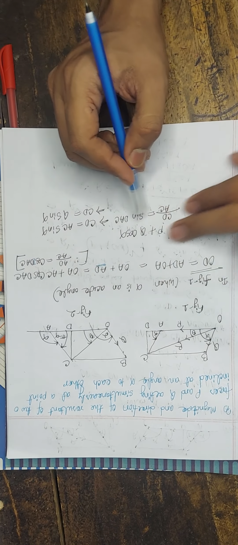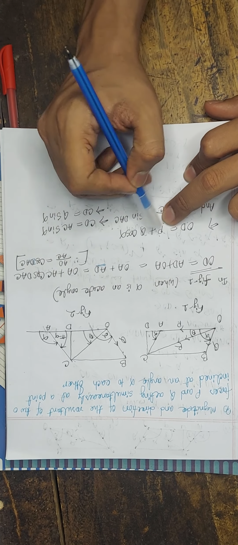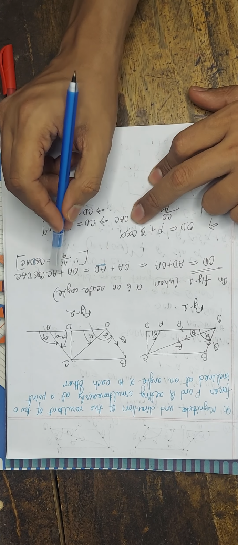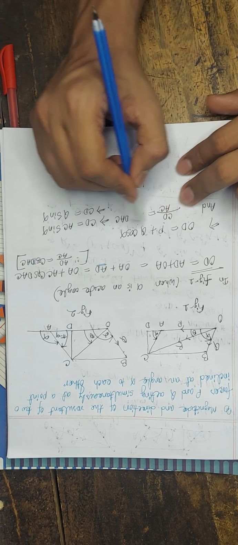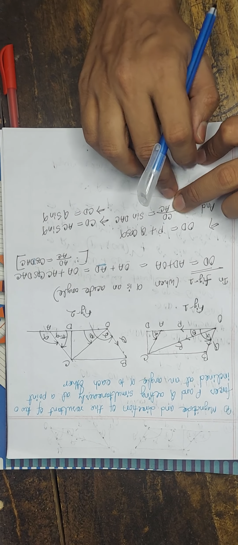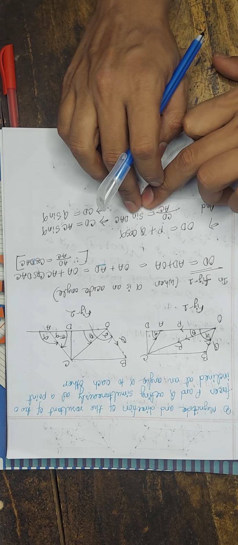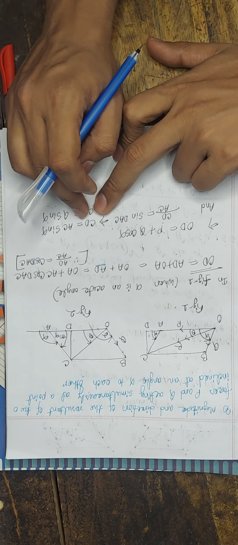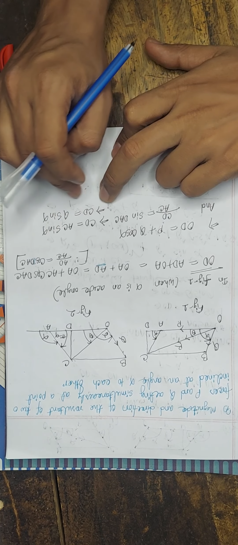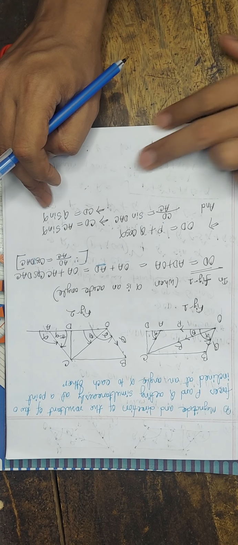Which implies OD is equal to, substituting OA by P and AC by Q, P plus Q cos alpha. Similarly, CD by AC is equal to sin DAC, so CD is equal to AC sin alpha, so CD is equal to Q sin alpha.